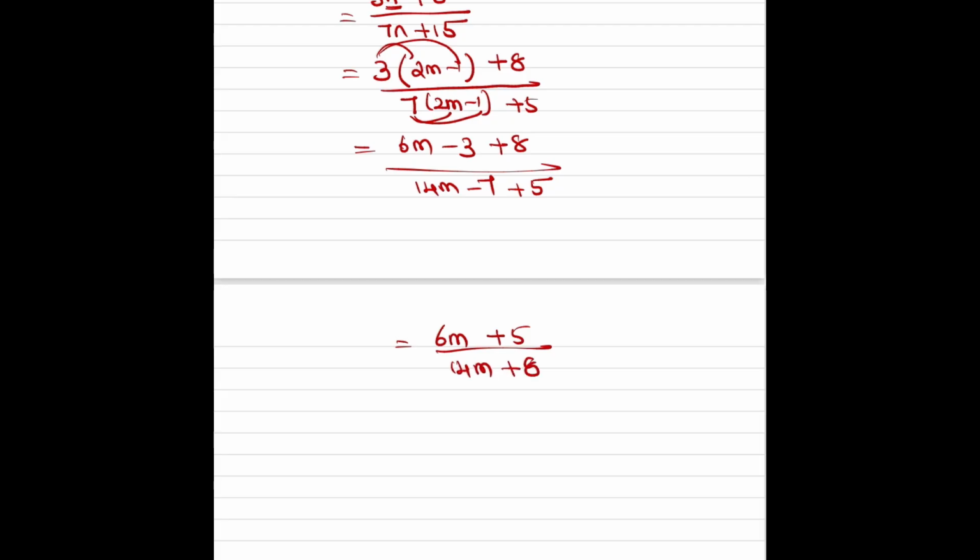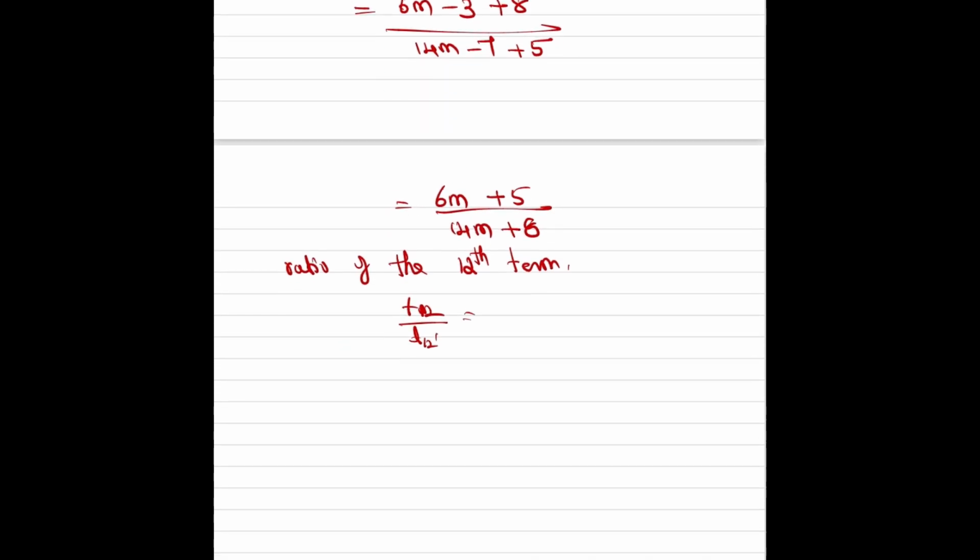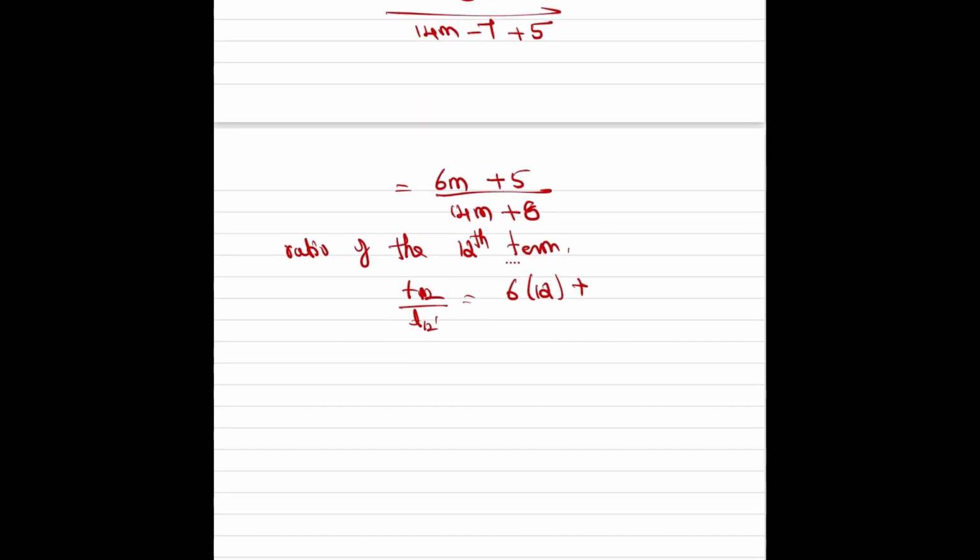They told us to find the ratio of the 12th term. That is, in the place of m, I am going to substitute 12. So T12 by T12 dash equals 6 into 12 plus 5 by 14 into 12 plus 8.